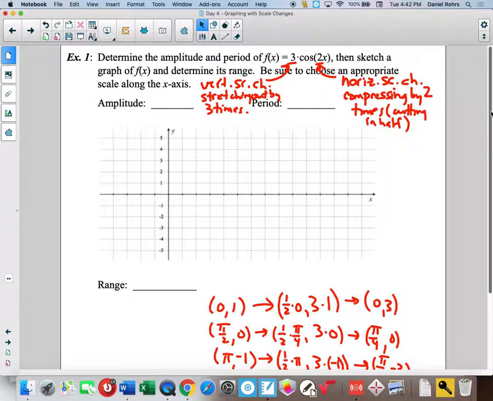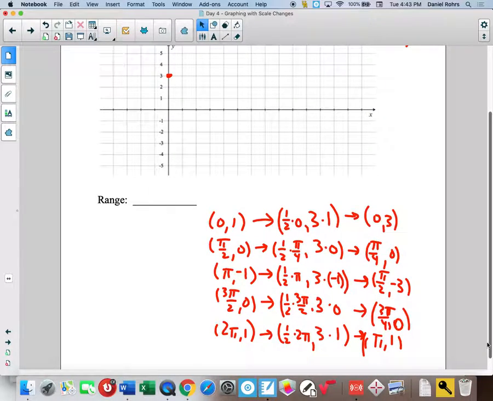So if I start to plot this, what you're going to see is this. So 0, 3 would put me here. Now, I've got to go to pi over 4, 0. So the question is, what's a good unit to use? Well, you'll notice that every one of these points is up by 1/4 of pi. So a good unit to use here would be pi over 4. So that's pi over 4. 2 pi over 4 would be pi over 2. 3 pi over 4 would be the next one. 4 pi over 4 would be the next, and that's pi.